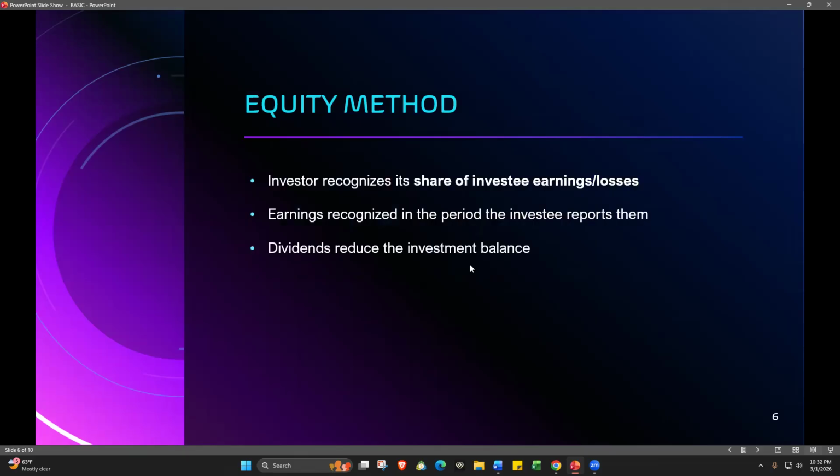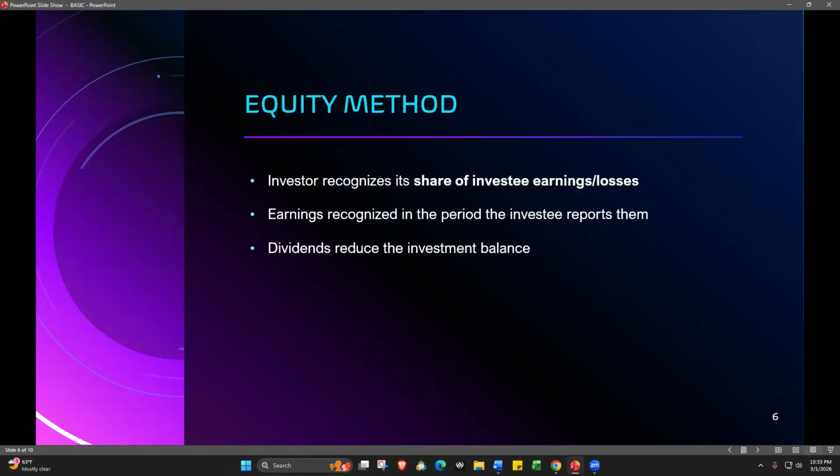Under the equity method, the investor recognizes its share of the investee's earnings or losses and adjusts the investment balance over time. Deloitte's guidance under ASC 323 explains that the investor recognizes its share of earnings or losses in the period in which the investee earns them, rather than when dividends are paid.